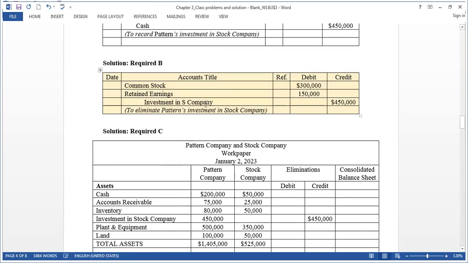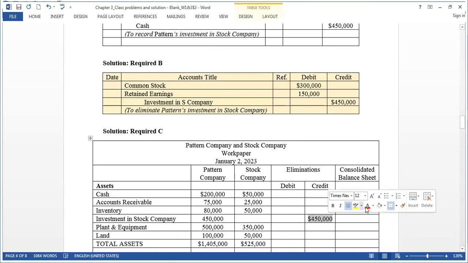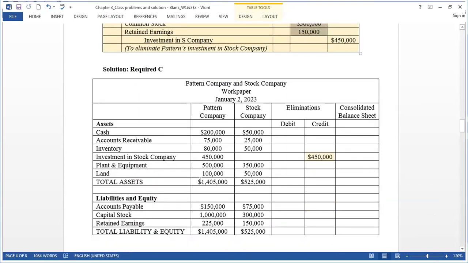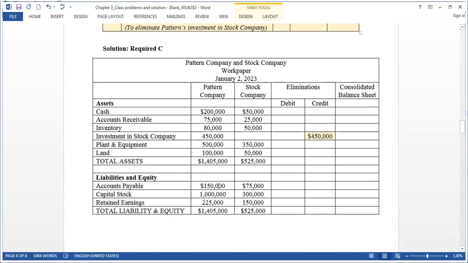So we just put this information. $450,000 it is credit, so we put credit here. Then common stock debit, retained earnings debit. We put these 2 items here, these 2 debit. So we are done with the closing. This is the elimination column. We close these 2 accounts.